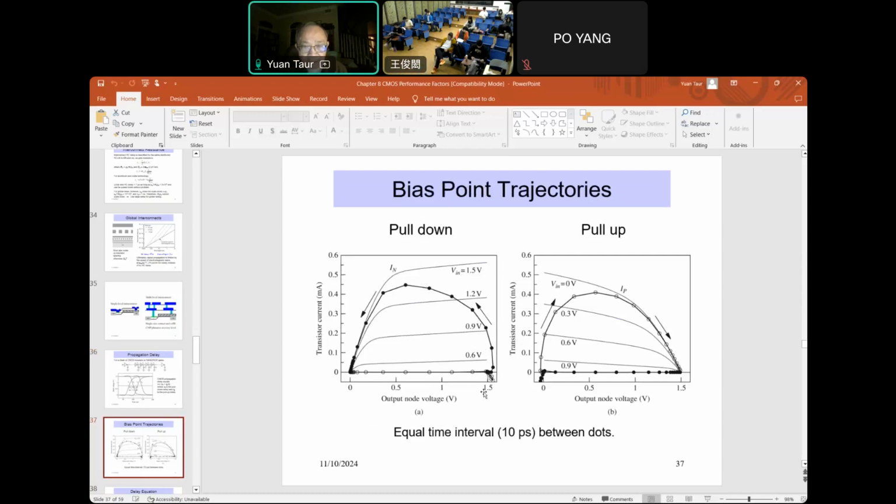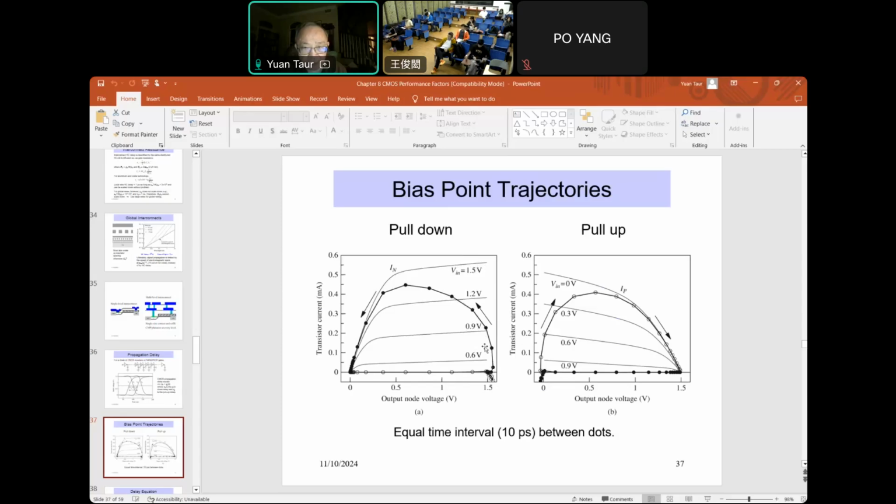So instead of the step input case, where you jump to the highest curve, which is V equal to 1.5 volt, and then you discharge from there, in that case you have the saturation current, which is the highest. But for propagation delay, you go through different input voltages. Okay, start with 0, and then as you go through the input voltage, the output voltage is dropping.